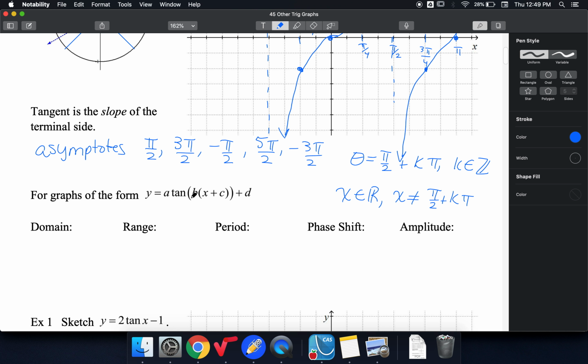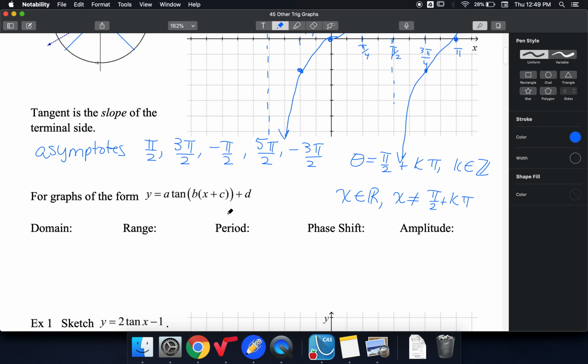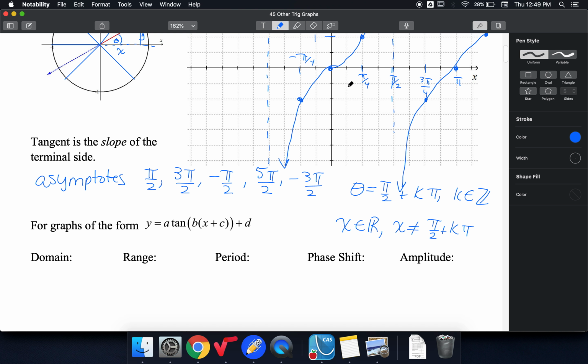Well, if I horizontally shrink my graph, horizontally shift my graph, I'm going to take my period, which is normally pi, but I'm going to divide it by the b value. So if I shrink it, I'm bringing my asymptotes in. And if I then shift it left or right, my asymptotes would also shift.